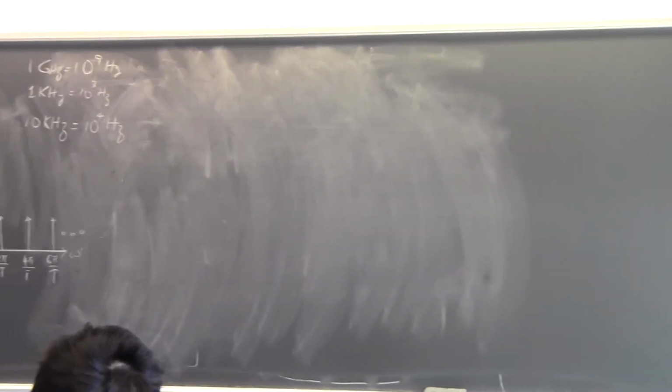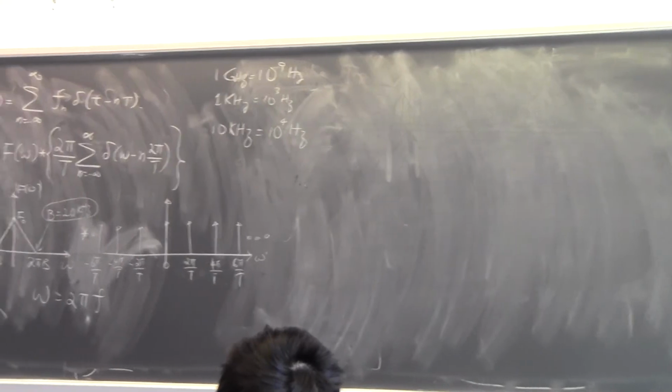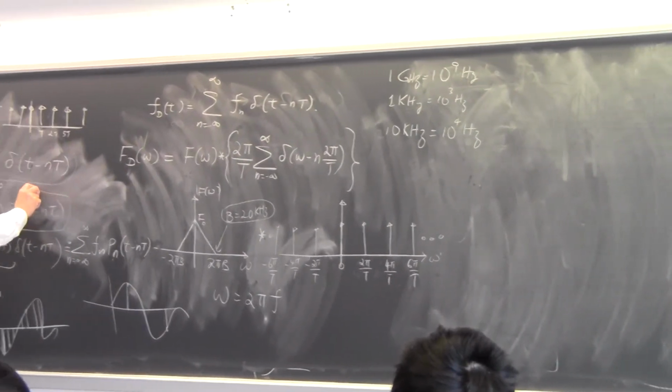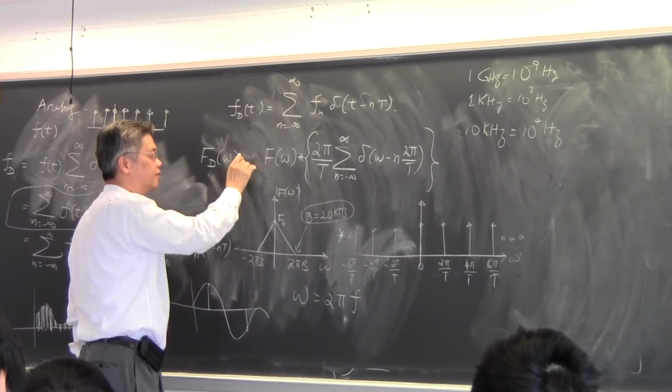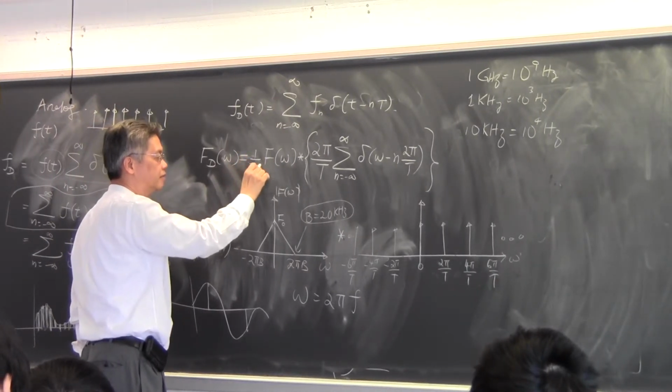Let me see. Actually, I'm missing a factor of 2 pi over here. If something multiplies in the time domain, it is equal to convolution in the frequency domain, but there should be a factor of 2 pi.